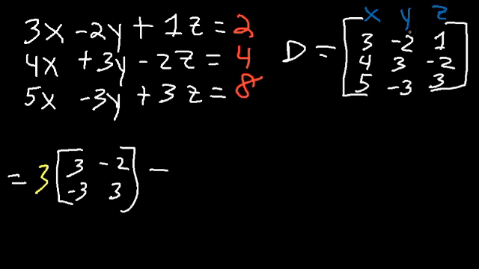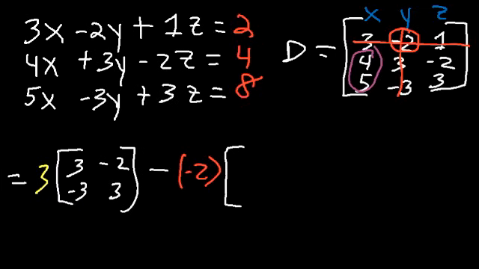Now we need to eliminate -2. So we're going to get rid of the row and the column that intersects at -2. So once we eliminate -2 and the row and the column associated with it, 4, 5, and -2, 3 has to go in the 2x2 matrix.